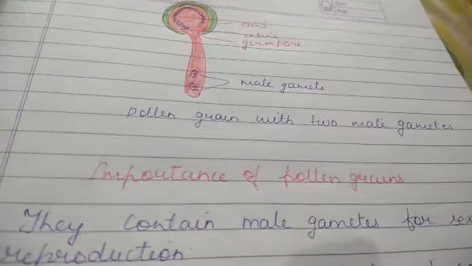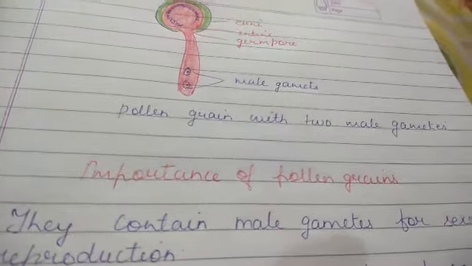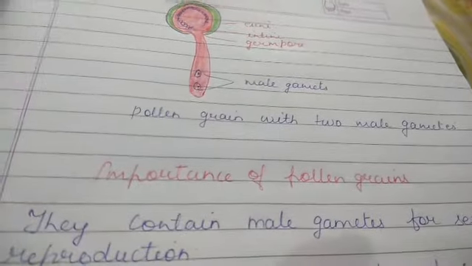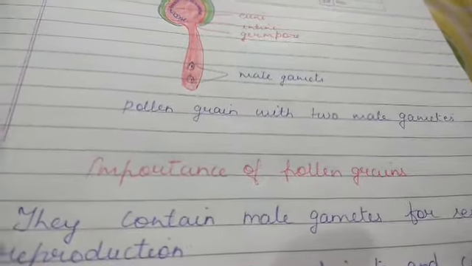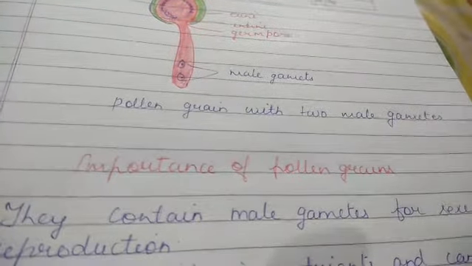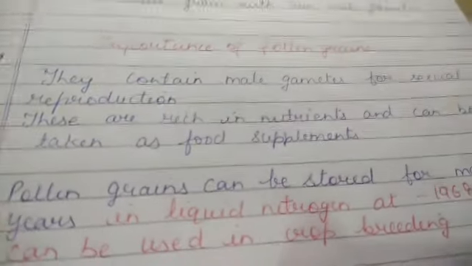It comes out from where the outer layer has no sporopollenin. That is the germ pore, from where only the intine comes out as a pollen tube containing two male gametes.